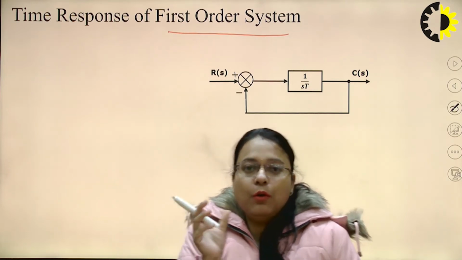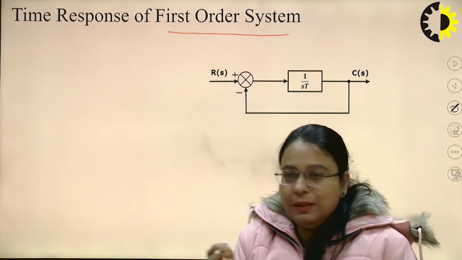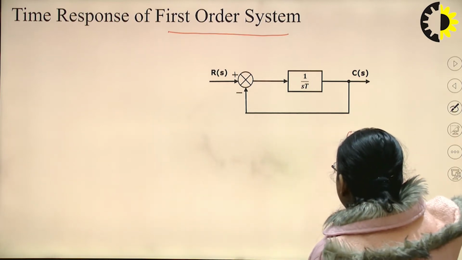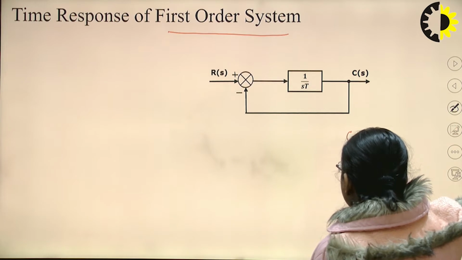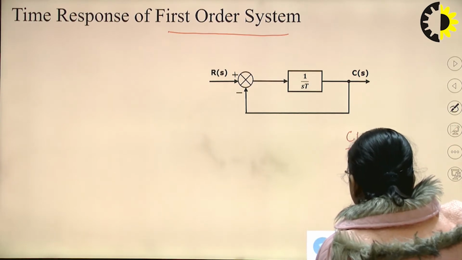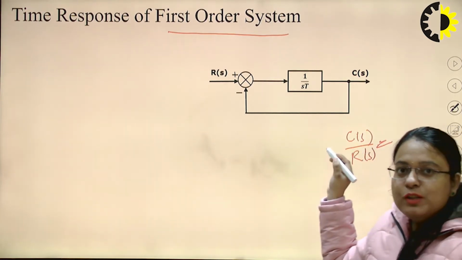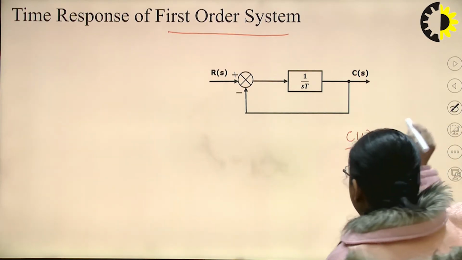So the order of any system can be defined by, let's say, this C(s)/R(s), which is known as the transfer function of any system.